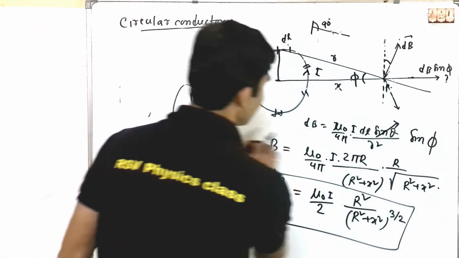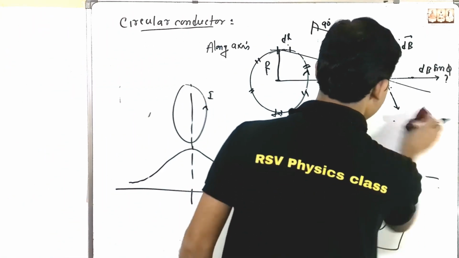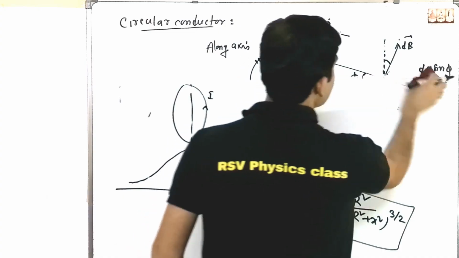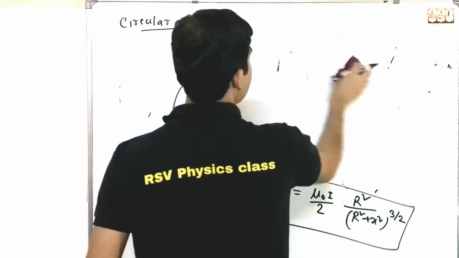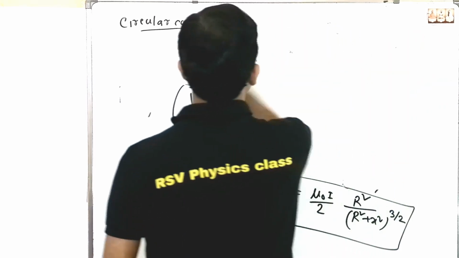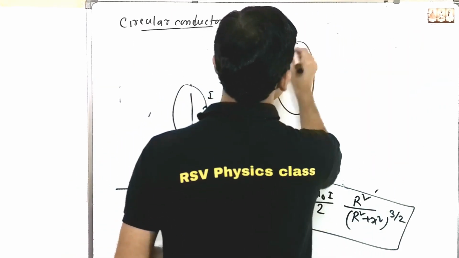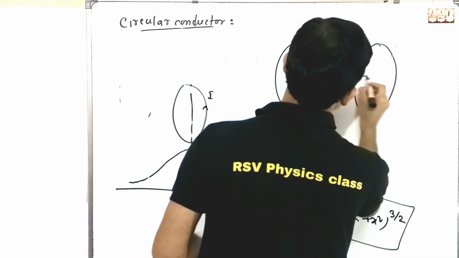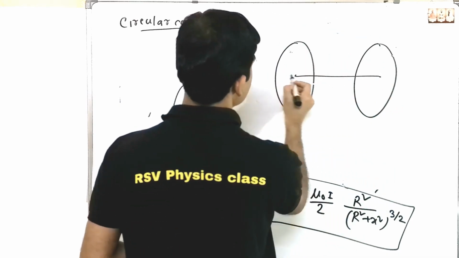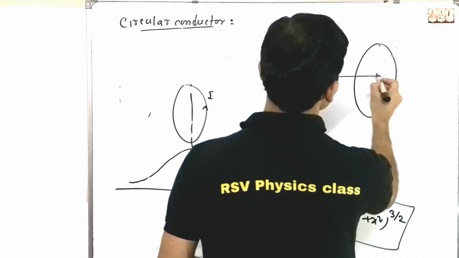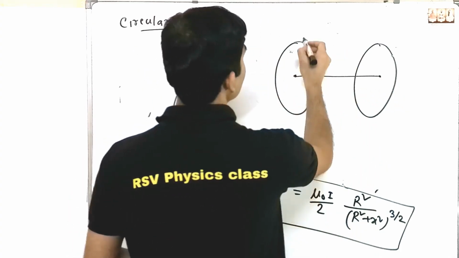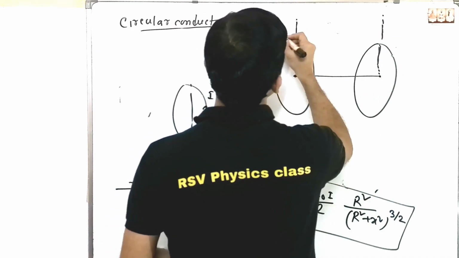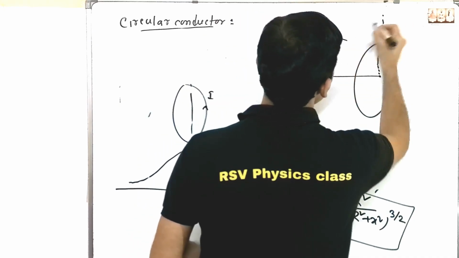Now if you put two coils on an axis, separated by this distance, what will the magnetic field be? Here the magnetic field will be this for this one, and again this for this one.